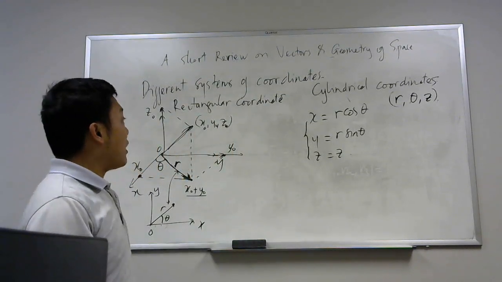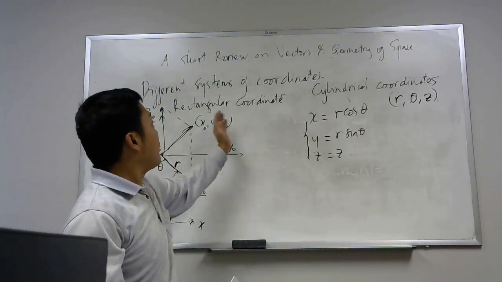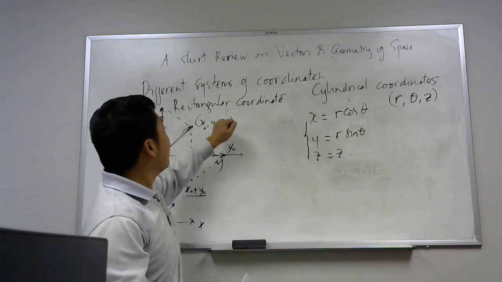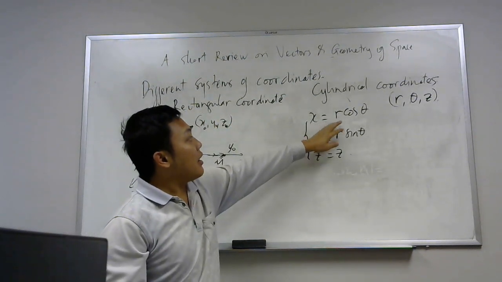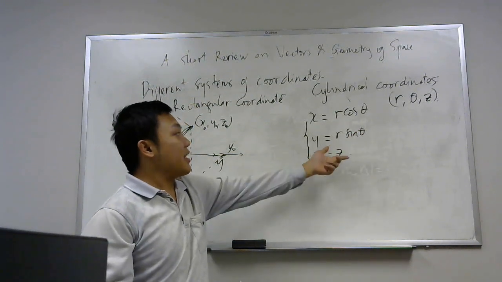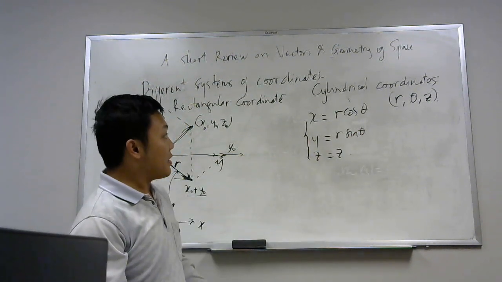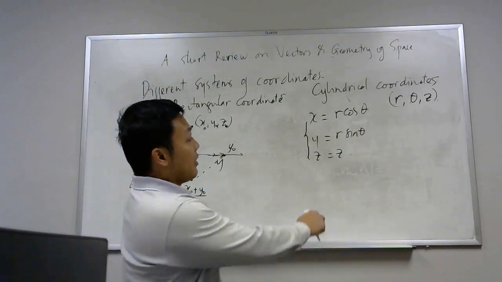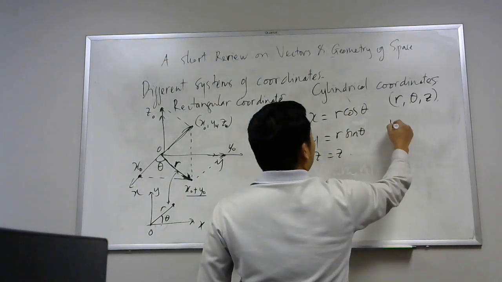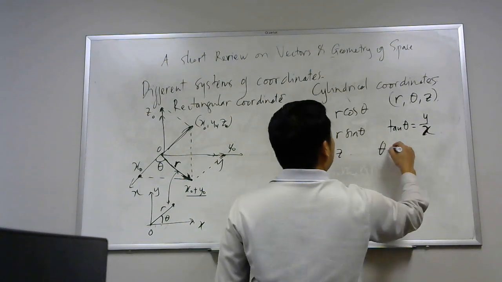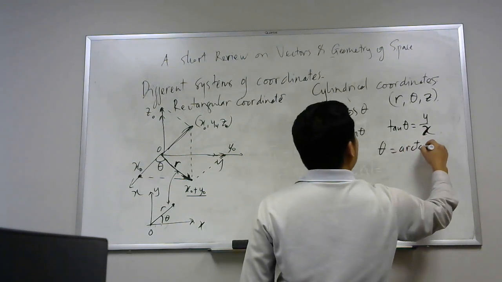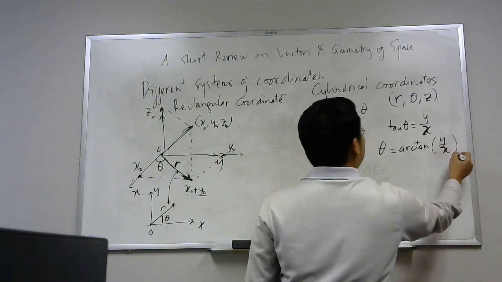So how can we use this to go from one to another? If you are given rectangular coordinates and you want to find r and theta, because z is the same, how to find them? From here you can see tangent of theta is y over x, so theta is arctangent of y over x.